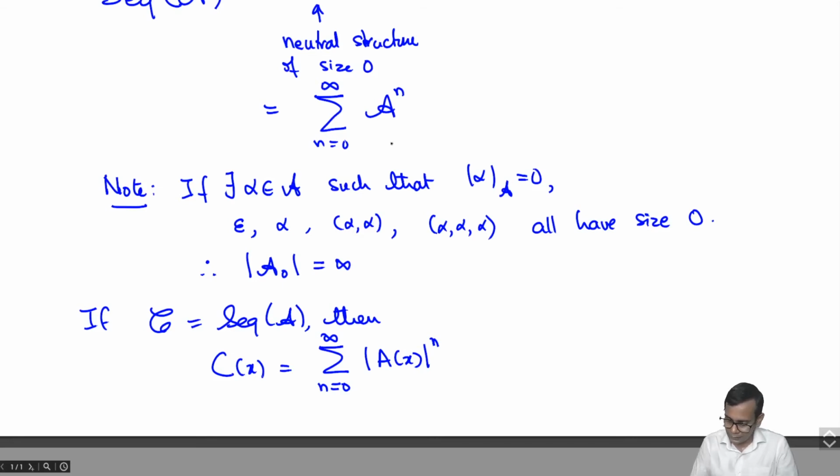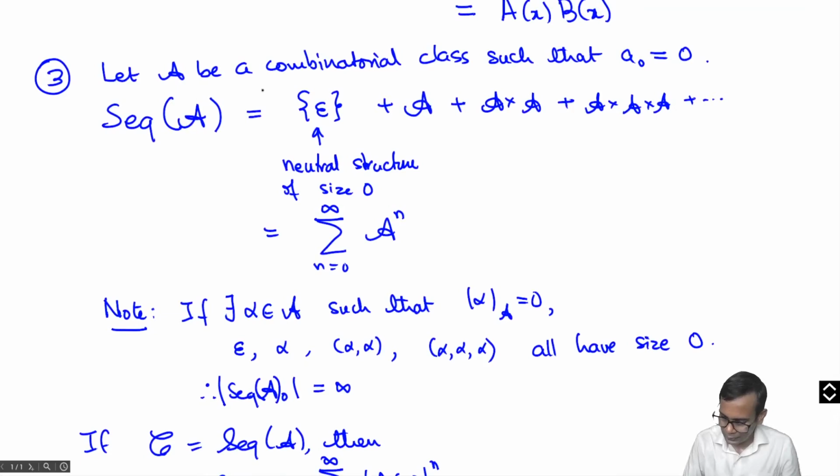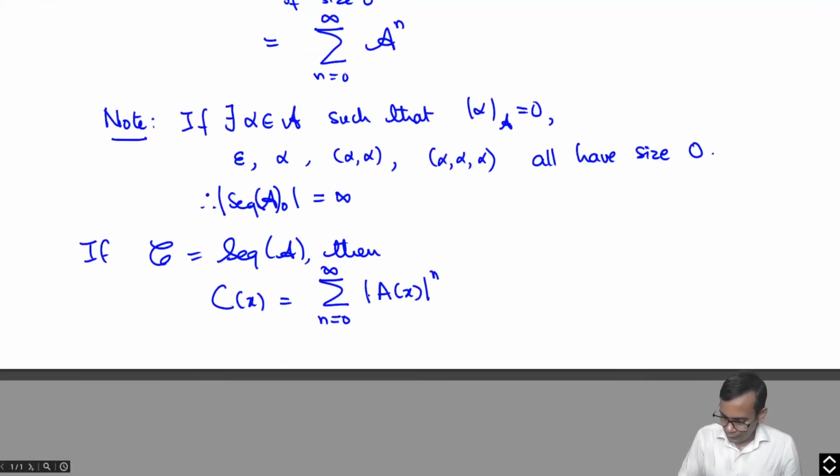Here I'm assuming that A0 is 0. That means the cardinality of A0 is 0. And so AX will be a power series which vanishes at 0. Its constant term is 0. And so this will be convergent. And in fact, we've seen that this is the same as 1 over 1 minus AX.